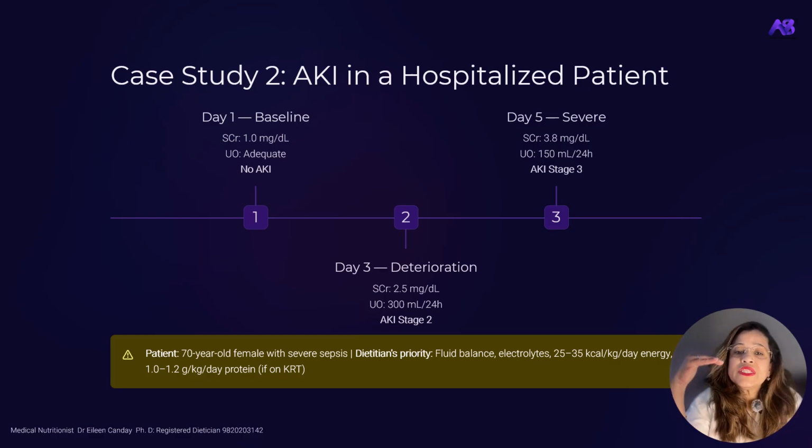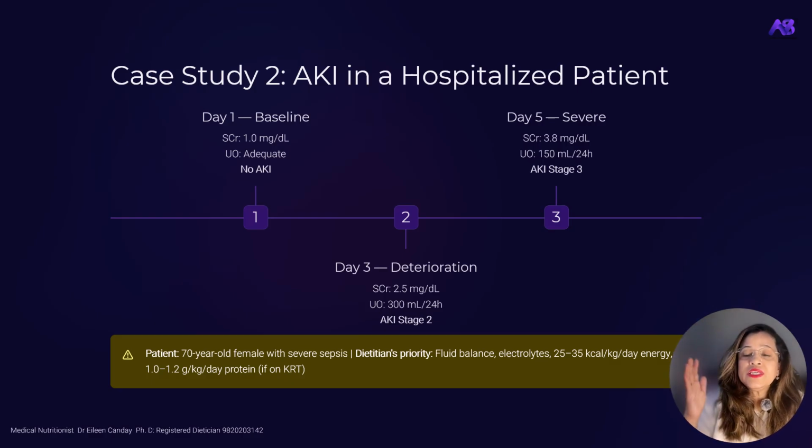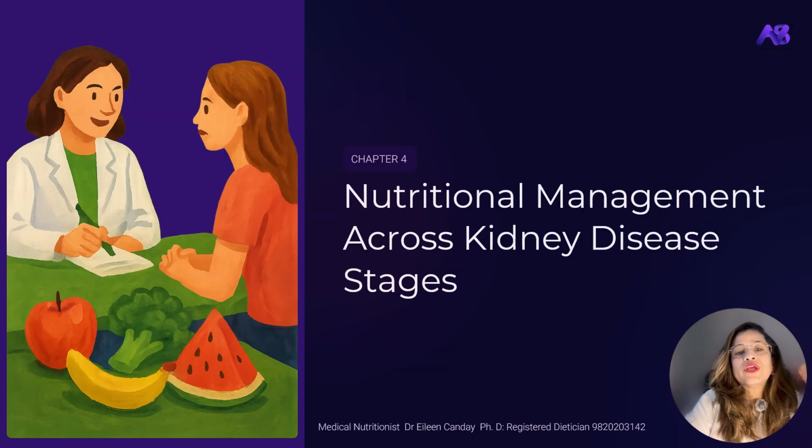And if the same woman has to undergo kidney replacement therapy, KRT, which is initiated, then you have to obviously increase the proteins to 1 to 1.2 on account of the losses and to prevent the accumulation. So this is how quickly AKI can develop in septic patients, and why you need to keep on changing your diet plan accordingly.